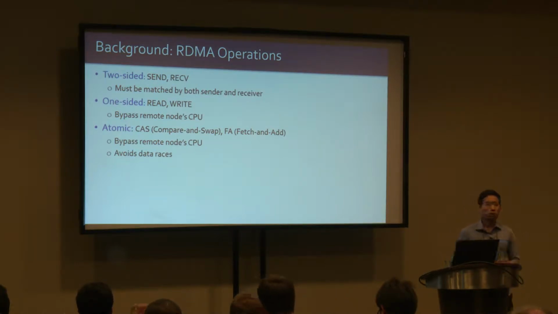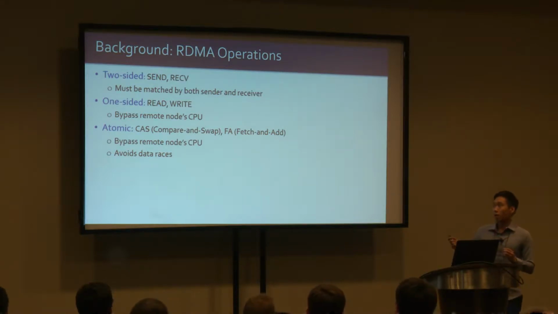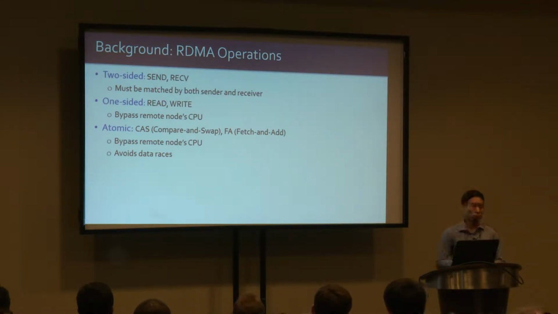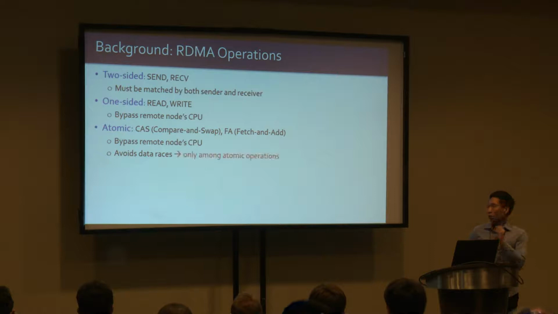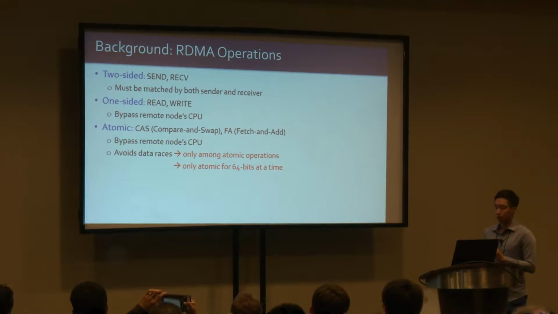Because of this, almost every existing RDMA-based distributed log manager heavily relies on these atomic operations. There are two limitations, though. They avoid data races only among atomic operations themselves, which means you cannot mix them with other types of operations. And they only operate on 64 bits at a time.